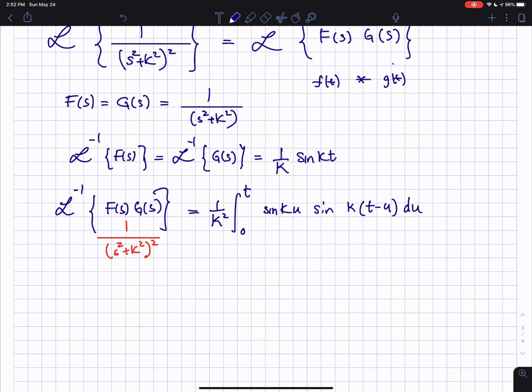So I gave the shift to the second function here. And so they're both sine, right? So you have 1 over k twice, so it gets 1 over k squared. One of them becomes ku, the other one becomes k times (t minus u) with the shift, du.